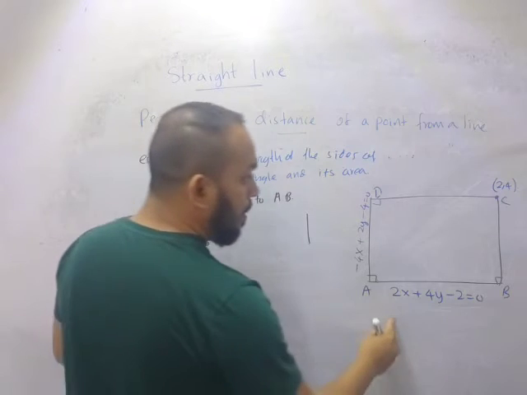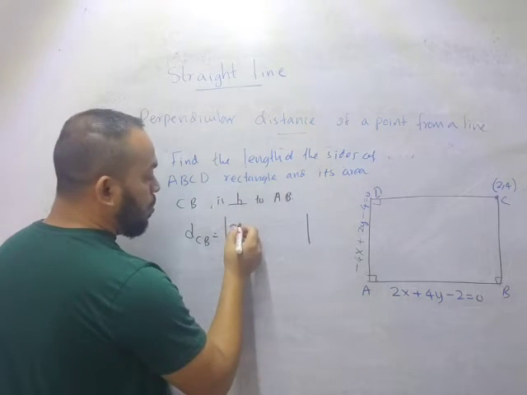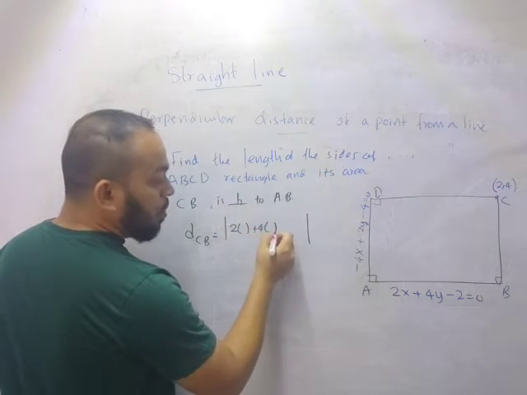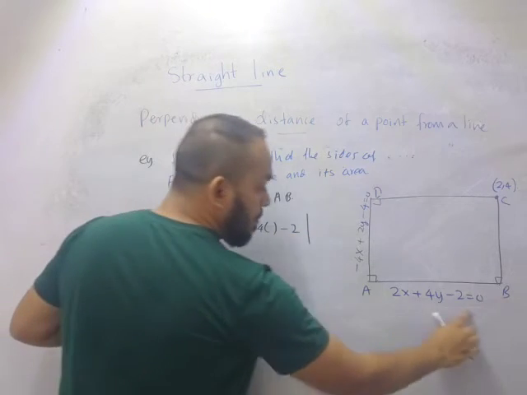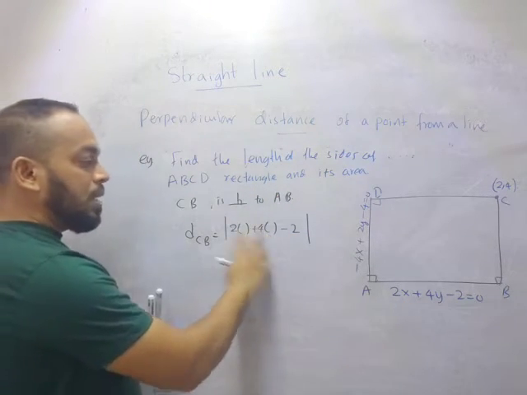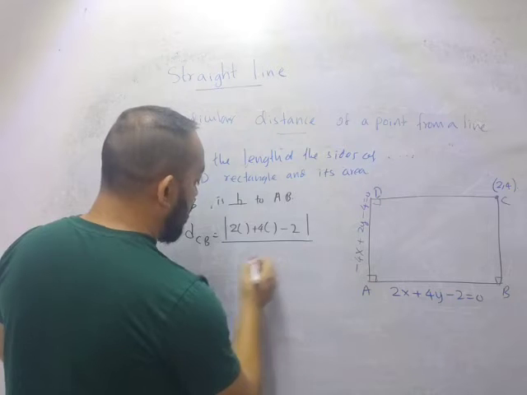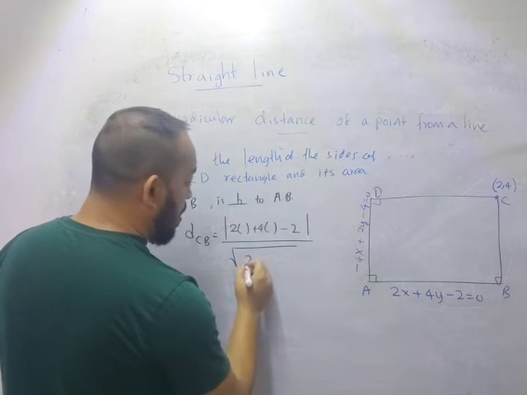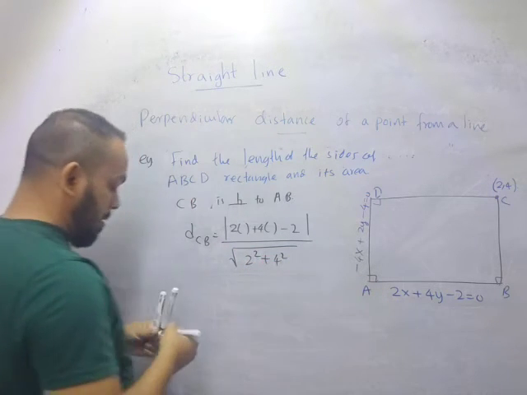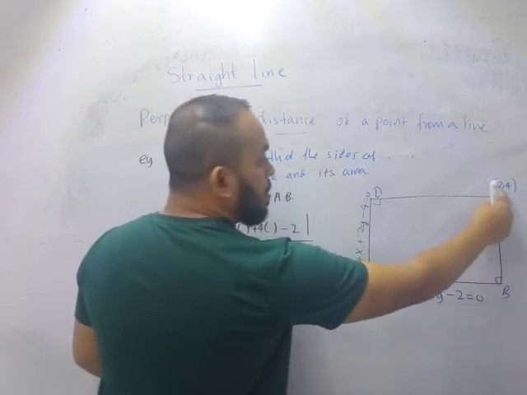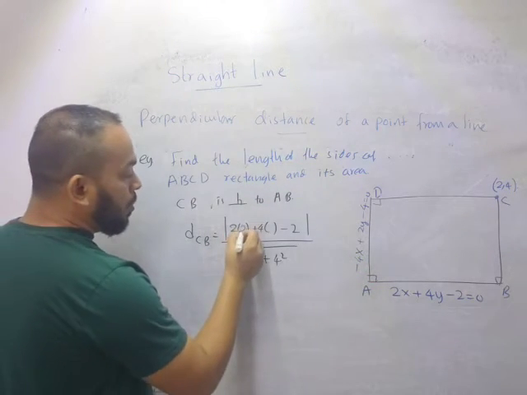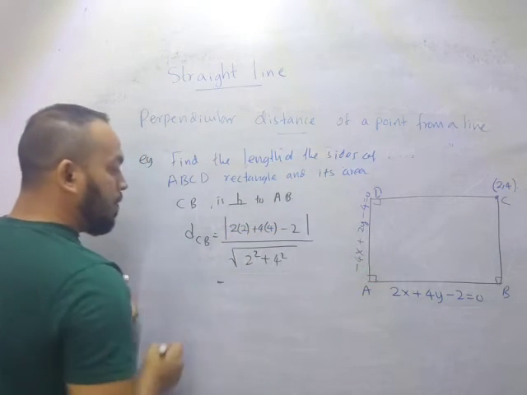Right. Then what do we need to do? Write this 2, then plus 4 minus 2. Write this away. Then square root 2 squared plus 4 squared. Then the required point is 2, 4. Put 2 and 4. Then what do we get?